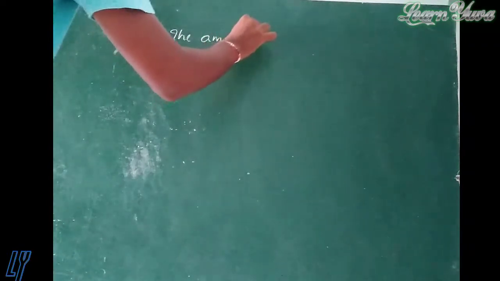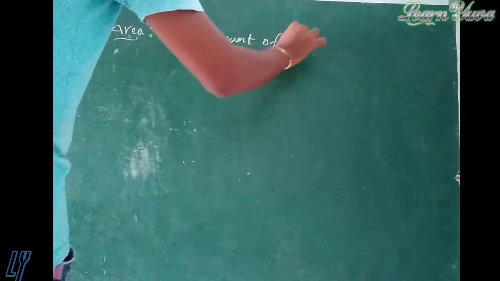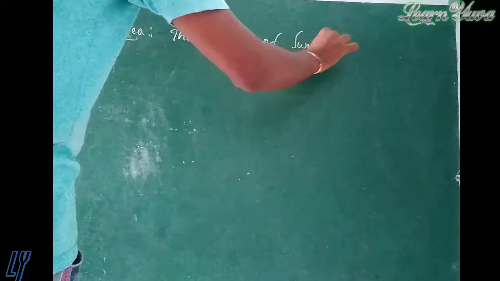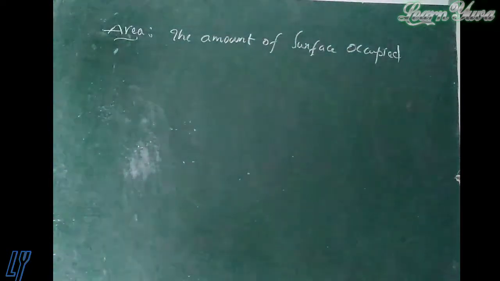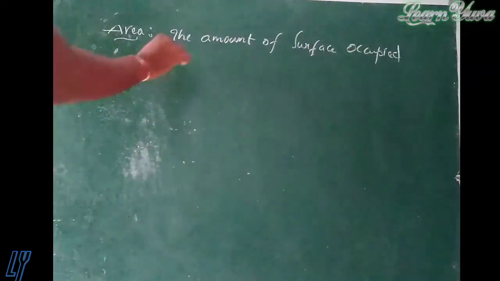Area is defined as the amount of surface occupied by a body.